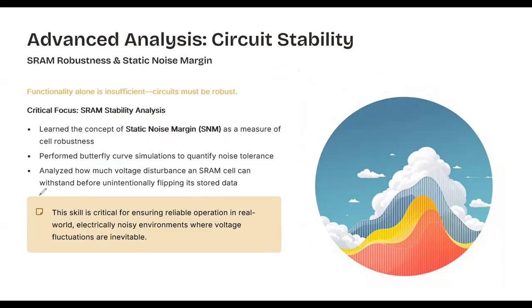If you are familiar with these five topics, and if you are able to work in a good way in your Cadence design on them, I repeat: one is the inverter, one is the NAND gate, one is the NOR gate, then the NMOS and PMOS input and output characteristics. If you are doing well on these five topics, it means you can work on any digital circuit design. It will be very easy for you to understand and learn.